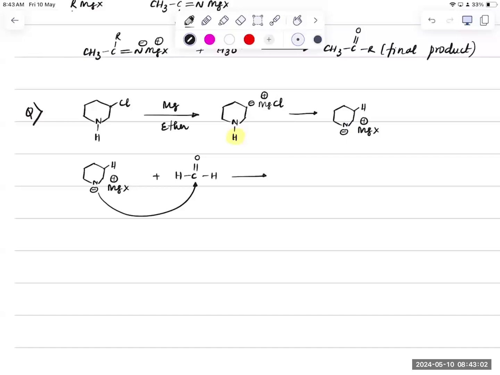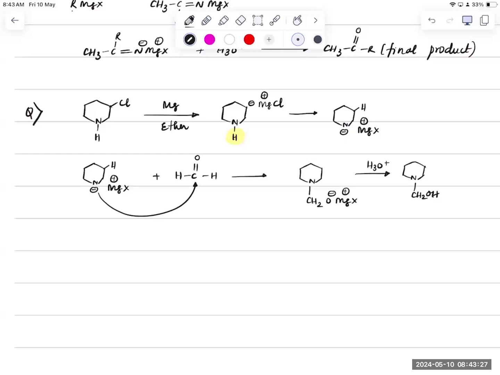So we will get a compound like this, where we have N connected to CH2O minus MgX plus, which on hydrolysis, you will get this as N with CH2O. So this is the final product you will have.